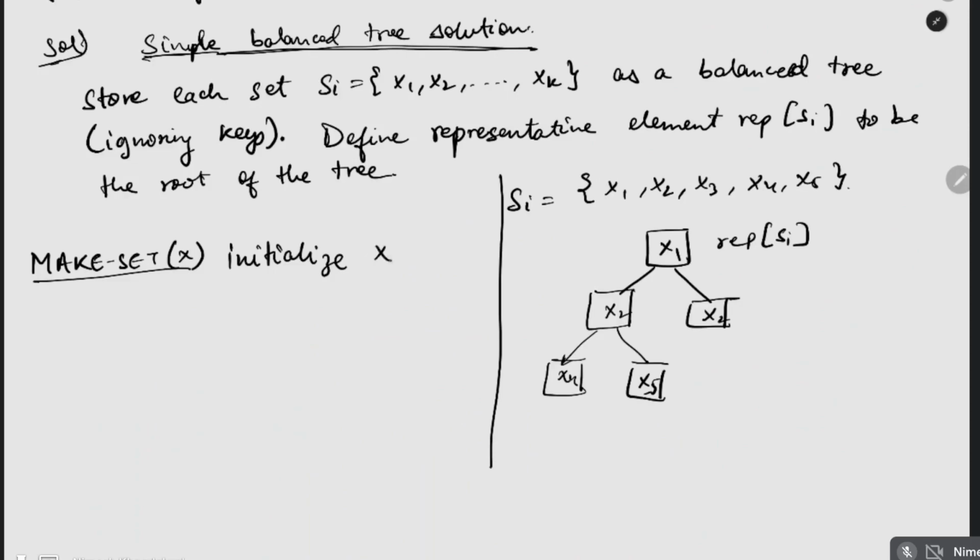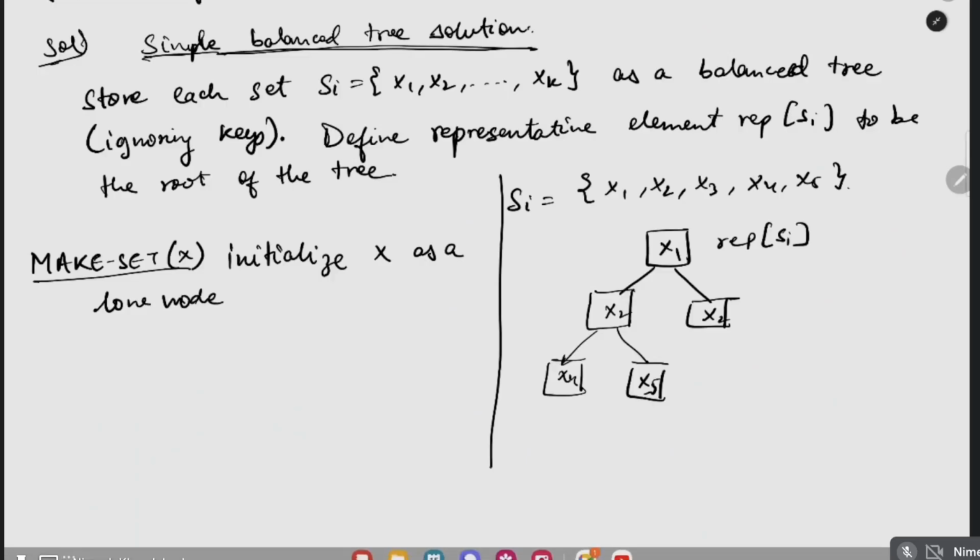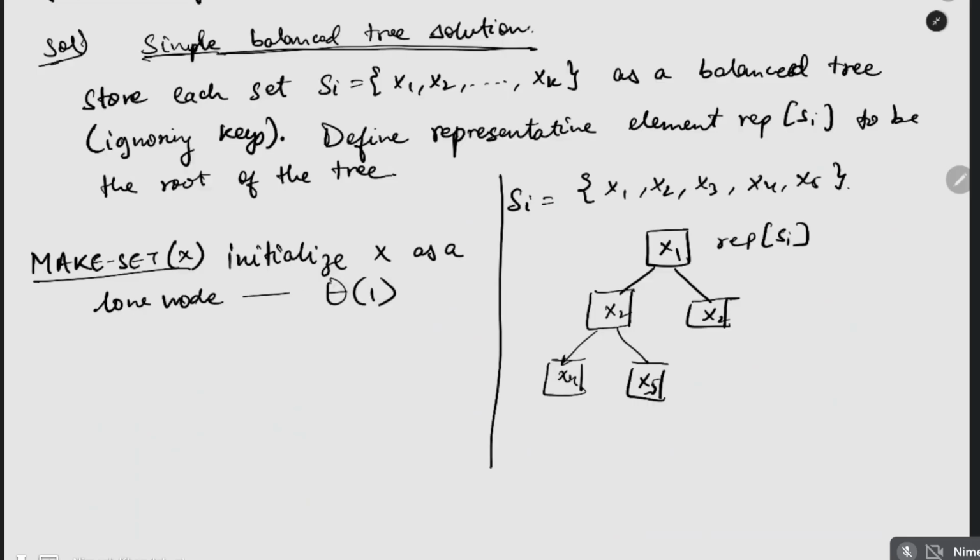So we initialize x as a lone node, since it will be the singular node in the entire tree. So the operation of creating this set is a constant time operation, because we don't need to iterate over anything. We just need to spawn a new node.